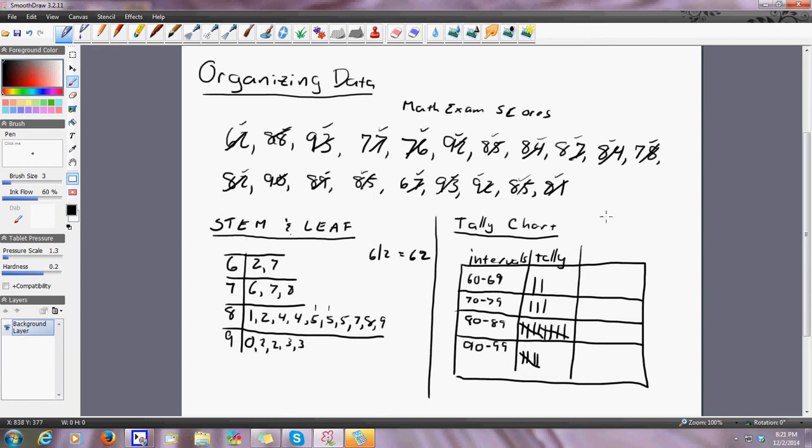And then you have your frequency. So it's 2, 3, 10, 5, and altogether it should be 20.